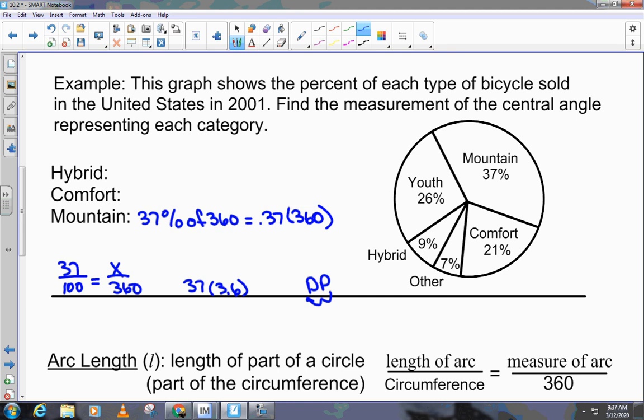But this is probably how I will do it. But like I said, the 3 different ways that you can do it. All right. So what is 37% of 360? 133. Okay. So that's 133 degrees. Okay? The hybrid is 9%. So I would change that to a decimal, 0.09 times 360.